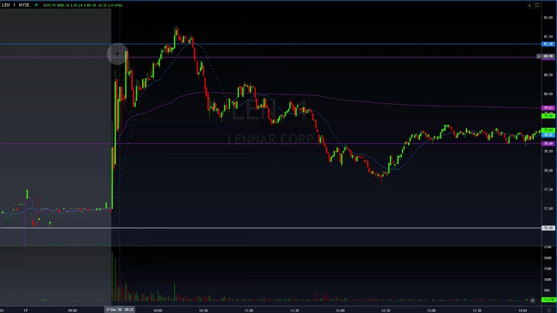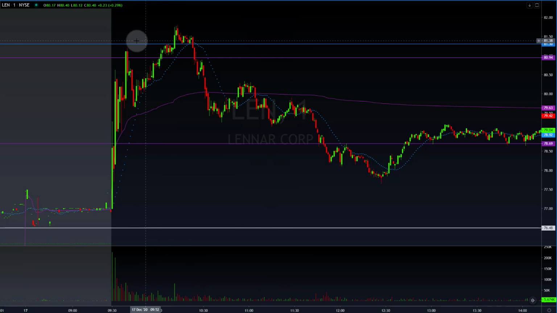But my plan was, since I did not get my add here, I removed that add, and next I was just waiting for it to cross over this high here, this monthly pivot here. So my stop was around 81.48, just above this monthly pivot. I had a small piece left, so it did not bother me too much. I was happy to hold it and just wait to see what it does.